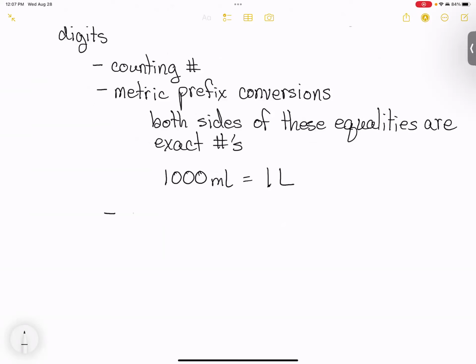Another example is going to be the term 1 mole when we start dealing with molar mass, which we won't get to until later in the semester. Also is 1 liter when we start dealing with molarity, which we won't get to until the very end of the semester.